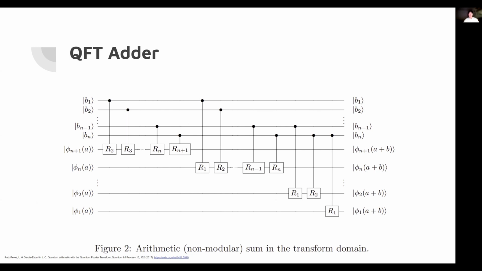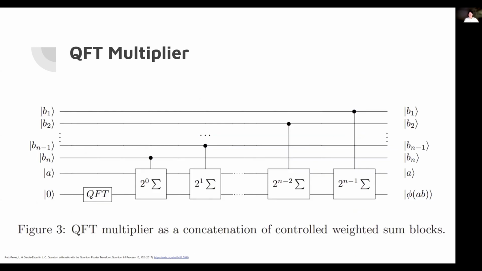output register's qubits. And this can actually be expanded further into the multiplication circuit, where the QFT multiplier uses a weighted sum, where it'll sum those two registers based off of another register. It gets complicated, but essentially you have your two input registers now with another one set up as an output register.